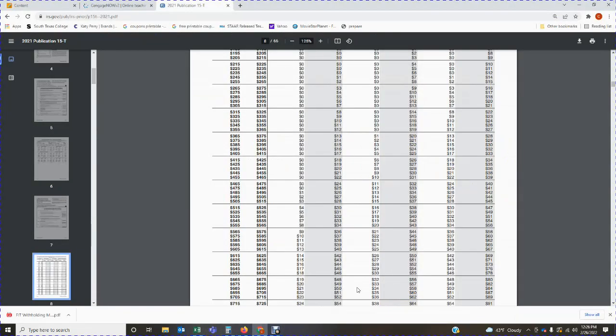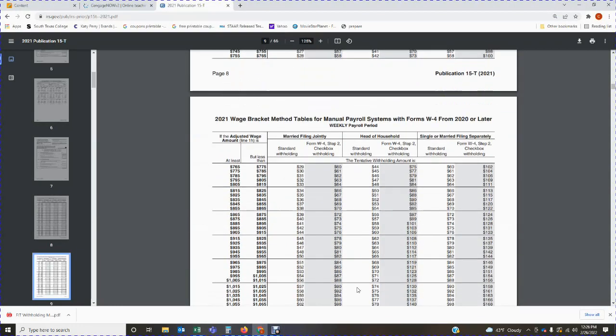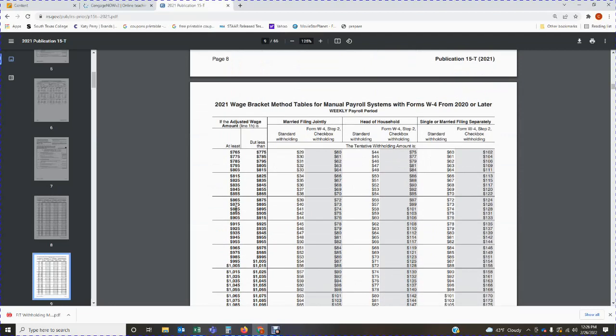We're going to be looking at this tier right here, $890. And Josie is married, filing joint. So we're looking at the tier between $885 and $895, and that gives us $41 of federal income tax.